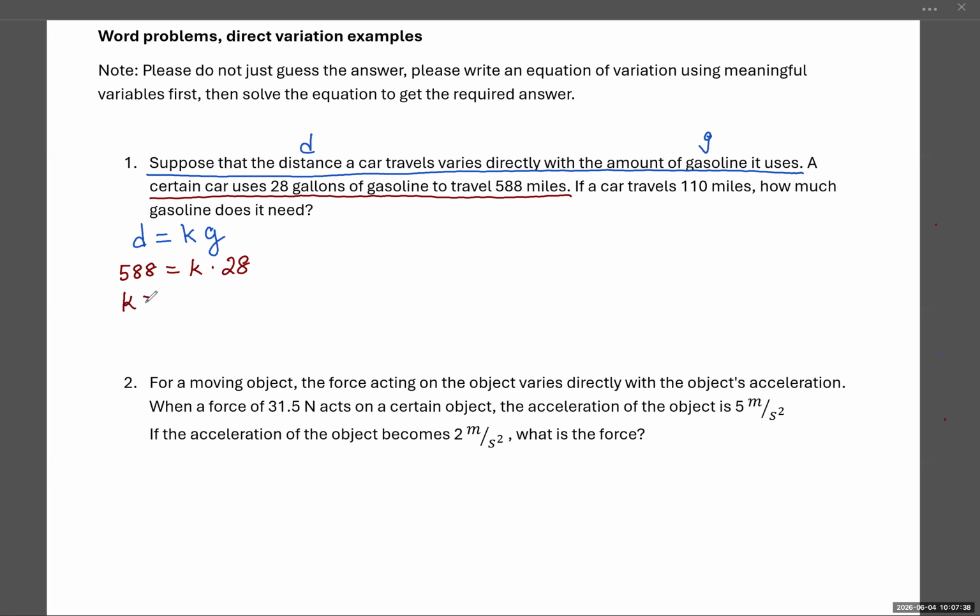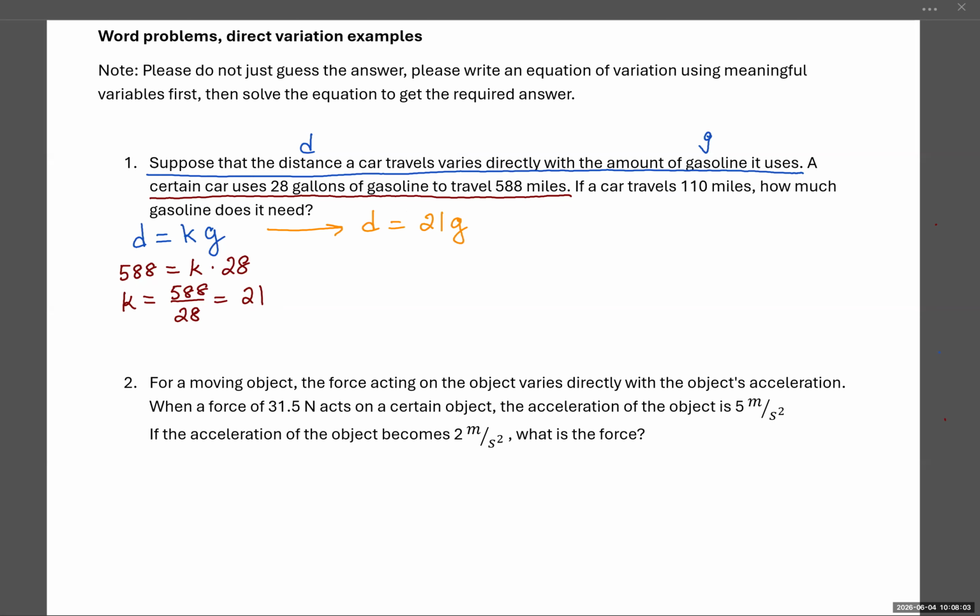Now you're going to calculate the constant of variation K, that is 588 divided by 28, which should give you 21. Once you've done that, you can go back to your equation of variation and rewrite it with the K value filled in. D equals 21 times G.